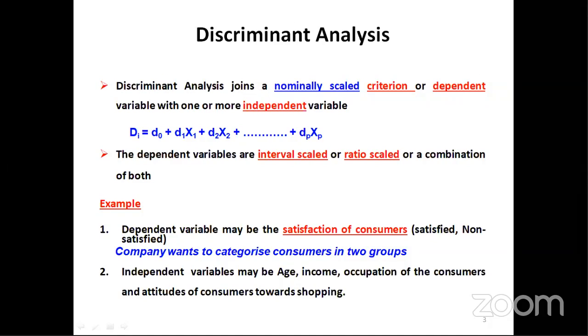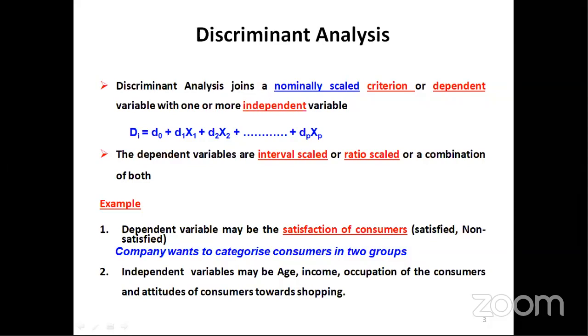Here you see the situation is clear, completely clear. Look at what our dependent variable is: two categories were made, given in categorical form, one group is satisfied consumers and the second group is non-satisfied consumers.